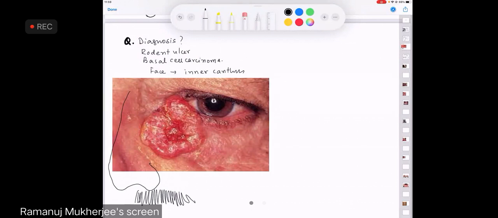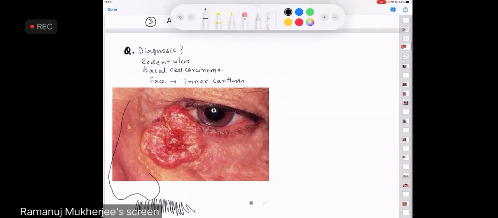Okay, next question. What are the reasons you told this to be a basal cell cancer? Number one, the age of the patient is elderly.